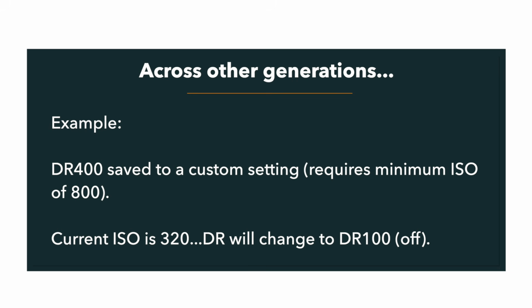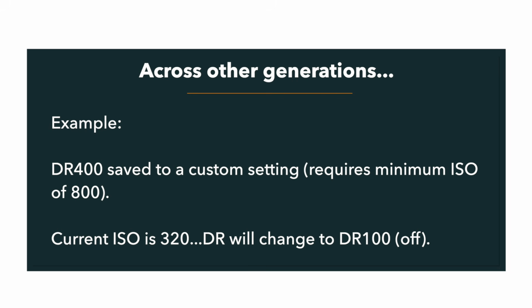If you had DR400 set in those older cameras that require a minimum ISO of 800, but your ISO is currently set to 320, you'll only have DR100 available to you even though DR400 was saved to that custom setting. And again, I'm not going to go through all of the different generations of cameras because they're all different.